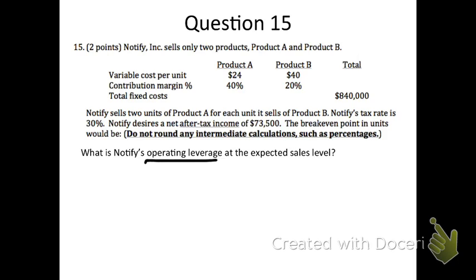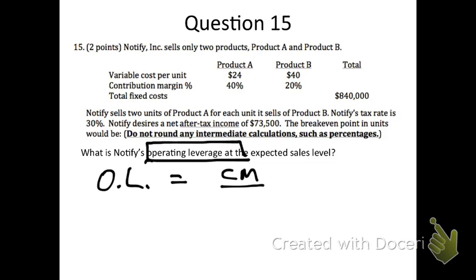So you should be able to, again, now, in addition to margin of safety, be able to calculate the operating leverage. And we did this in another problem on this review. So that's equal to contribution margin divided by operating income. And you know what operating income is. Operating income is 105,000.